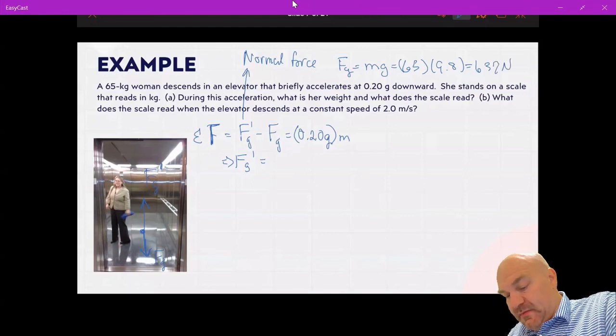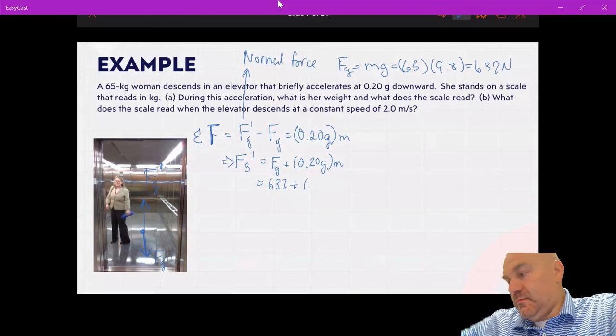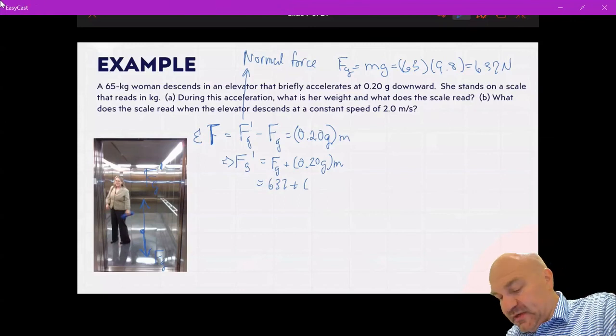Okay, which then we come back over to our equation. So we're going to have Fg plus this whole 0.20 times g times our mass. So it's going to be 637 plus 0.2 times g, which is 1.96, times 65.